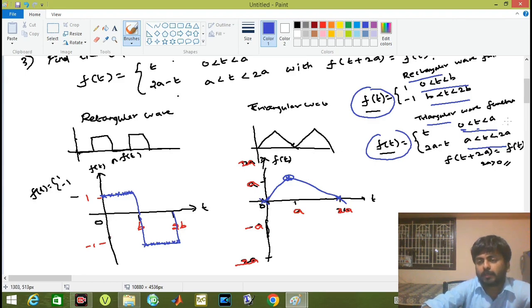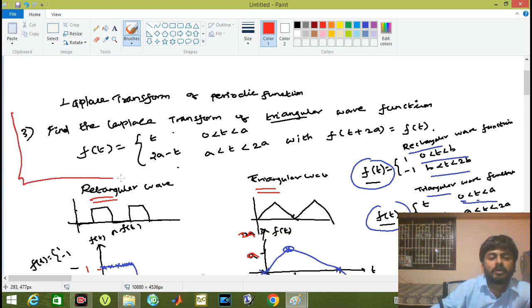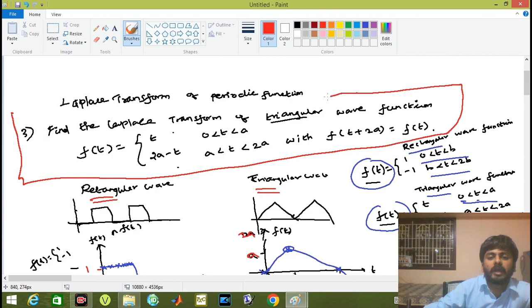So take down the problem. Find the Laplace transform of the triangular wave function. f of t equals t for 0 less than t less than a, and for a less than t less than 2a you have f of t as 2a minus t.